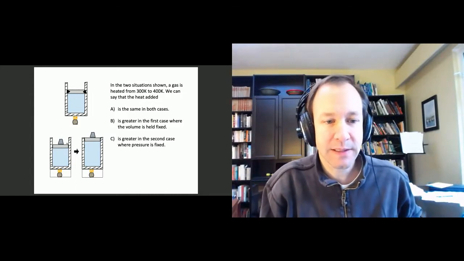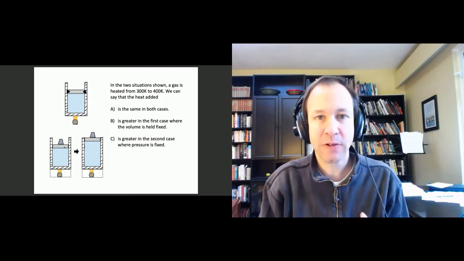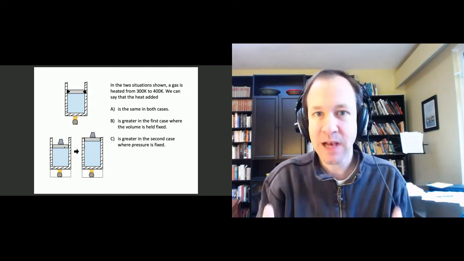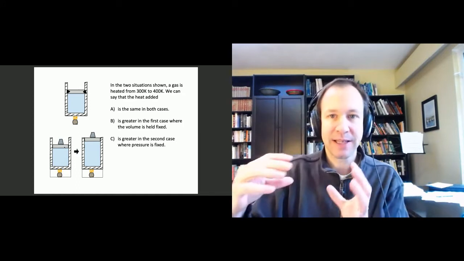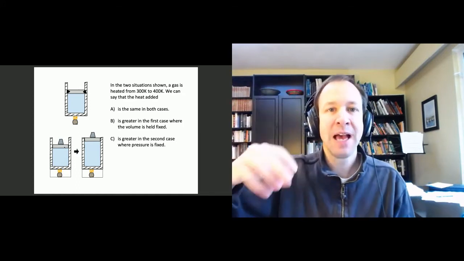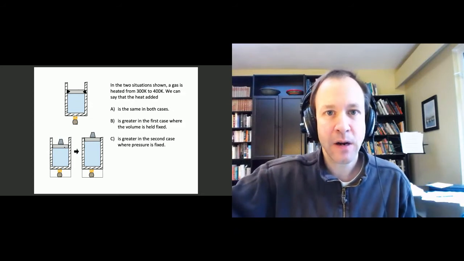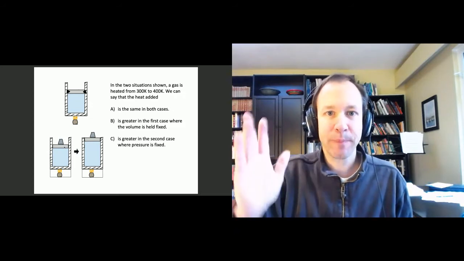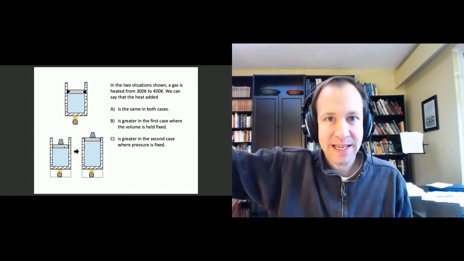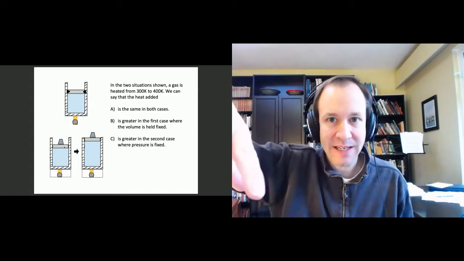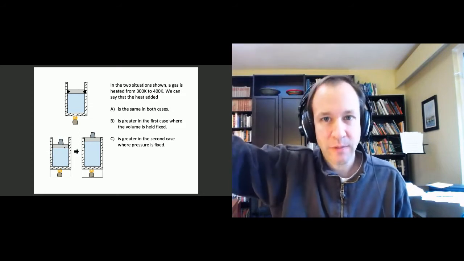So let's have a look at this and assume that the piston is not moving. Maybe before we do the heating or after we do the heating, the piston settled down to some particular height. At that point, its acceleration is 0. And so the force up equals the force down. The force down is always the same. It's the outside pressure times the area plus mg of the weight.